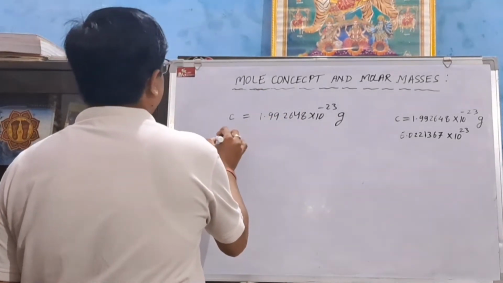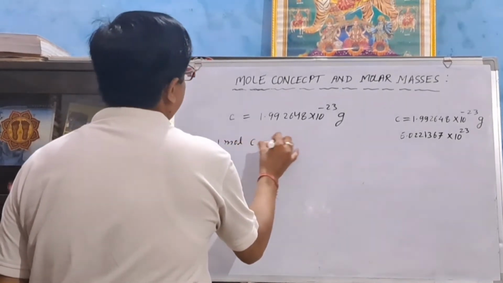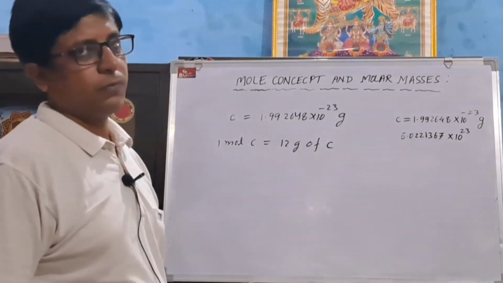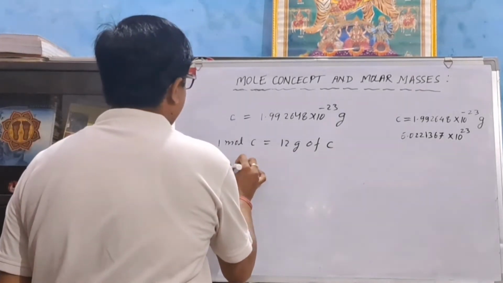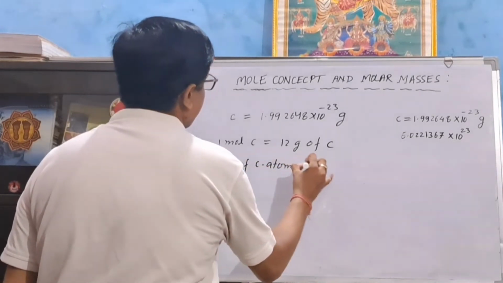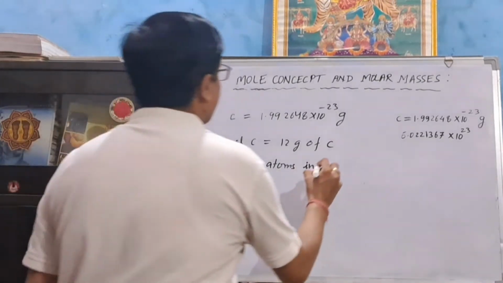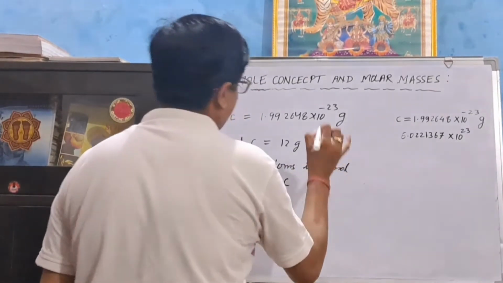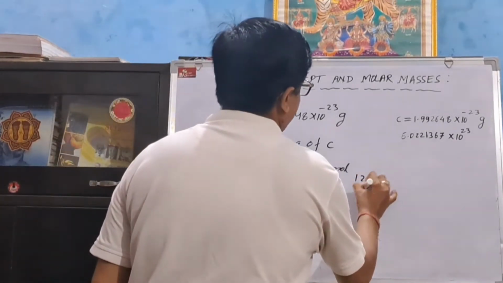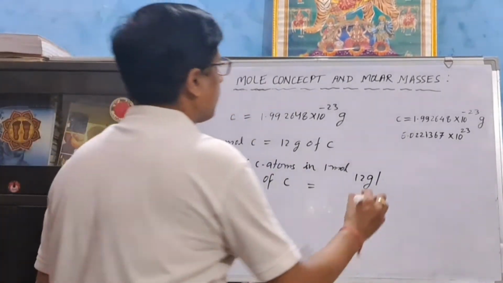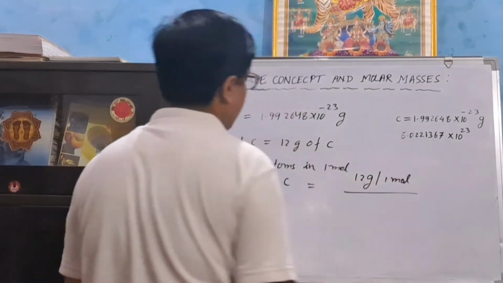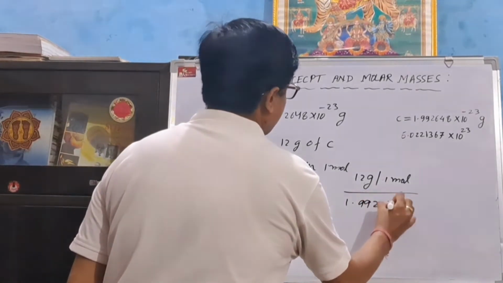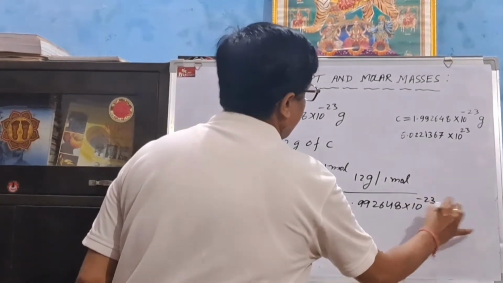Now we know that 1 mole of carbon contains 12 gram of carbon. Now, the number of carbon atoms in 1 mole of carbon is equal to, since 1 mole of carbon contains 12 gram of carbon, 12 gram divided by the mass of one carbon atom, which is 1.992648 × 10^-23 gram.